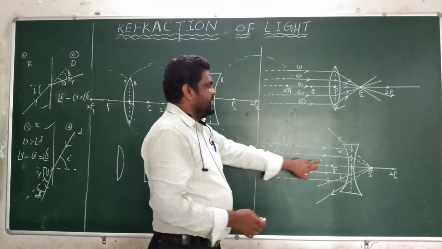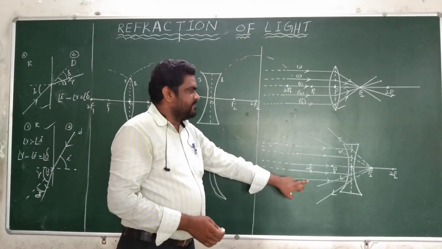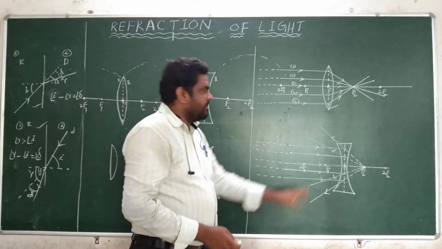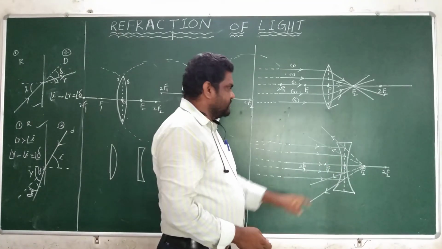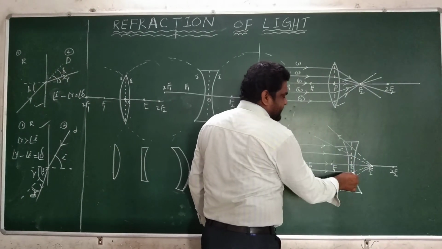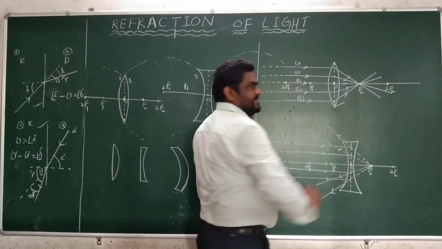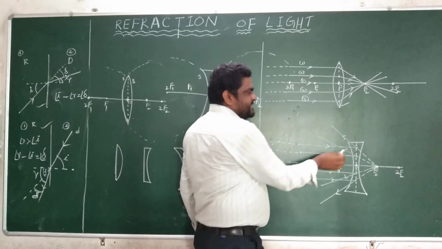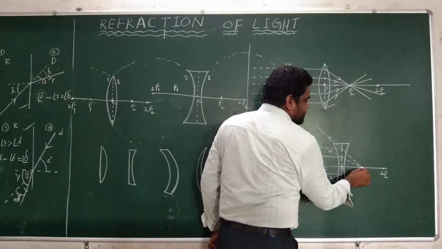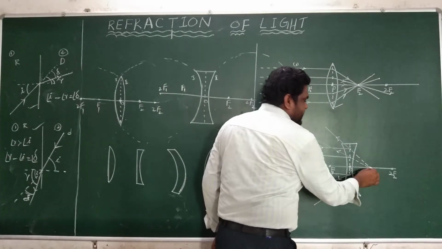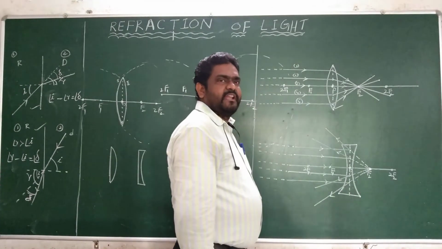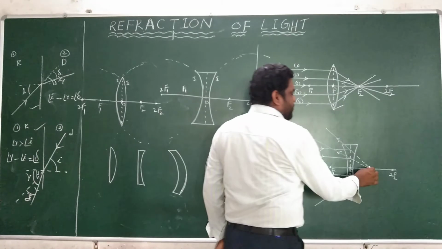Now the same parallel beam of light is incident on the concave lens. The light rays deviate like this, not passing through, but they appear to diverge from a point.